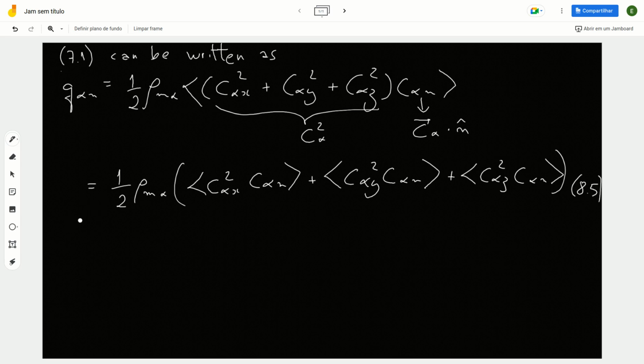When you compare this with 8.2, let's compare 8.5 with, oh boy, it's in a different file. So comparing with 8.2, I cannot show it to you now.